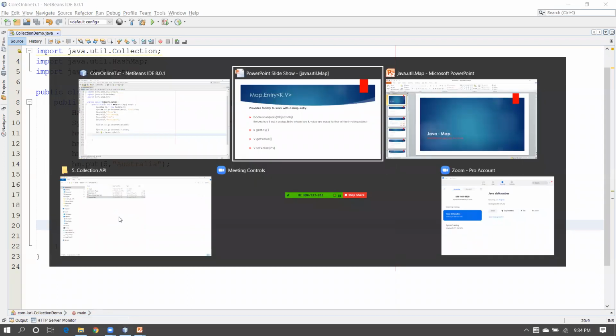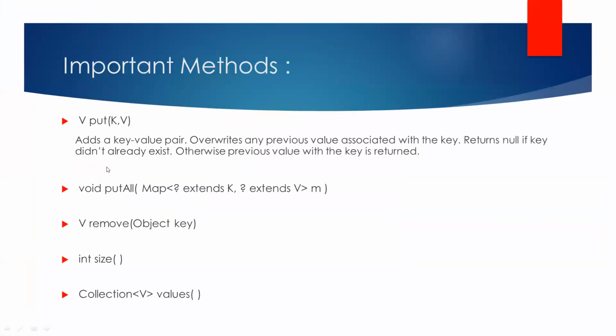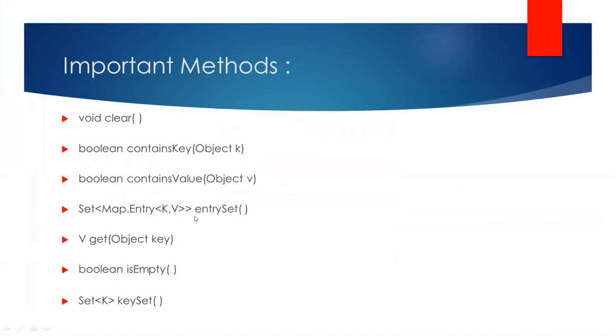Just look at here, then you will understand. EntrySet returns a set whose type is Map.Entry. The angular brackets show which type of values will be inside this set, so the values inside this set will be of type Map.Entry.